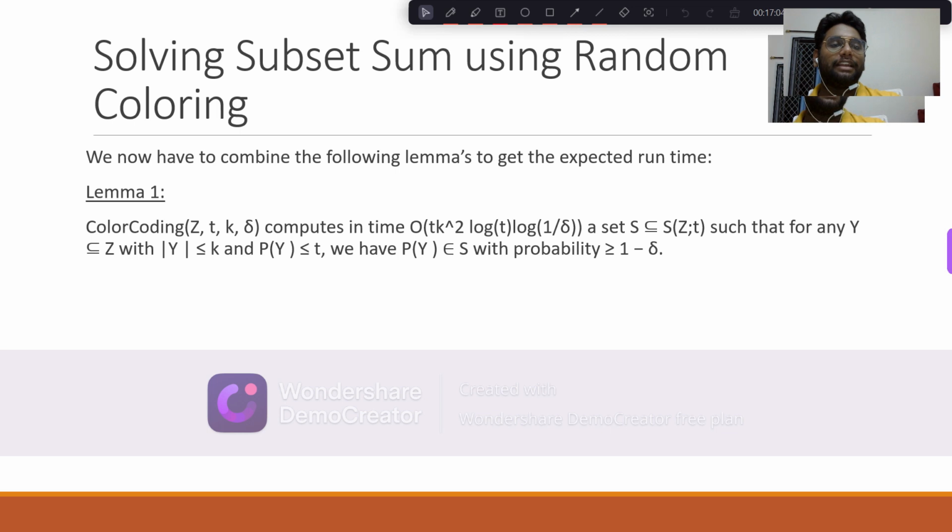Upon doing all this, we arrive at three particular lemmas for the subset sum problem with the help of color coding. At present I won't be giving the proof of these lemmas, but it is worthwhile to go through them once.